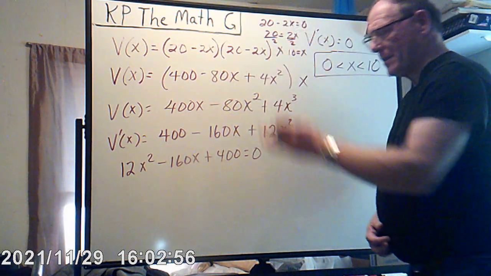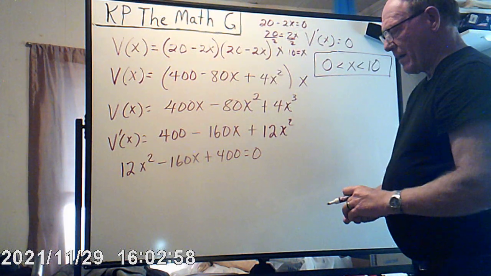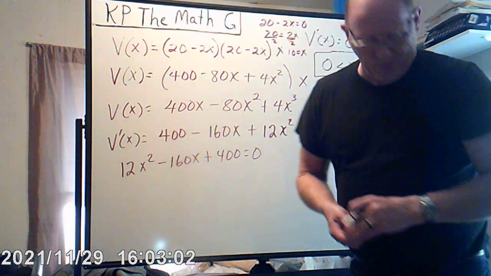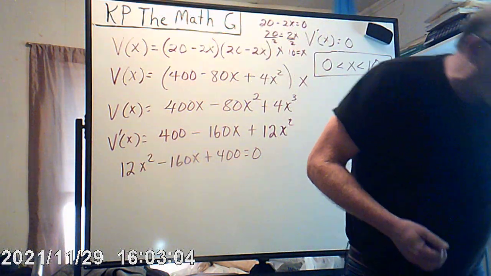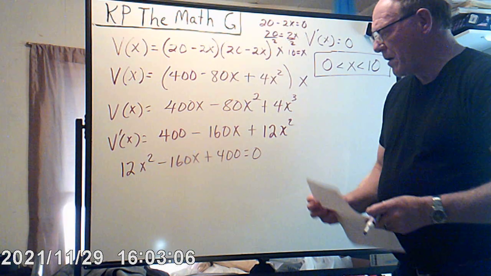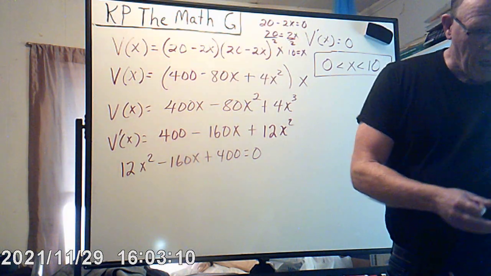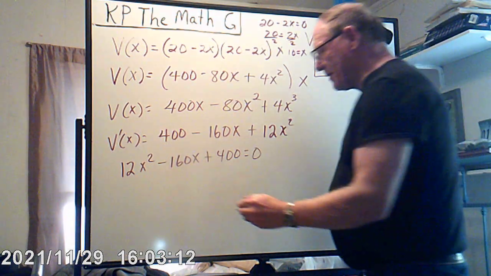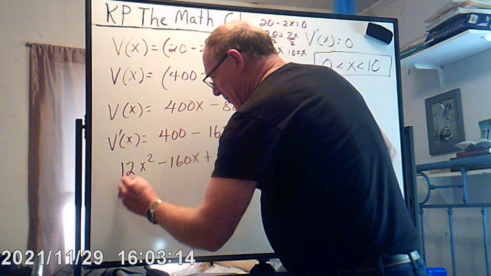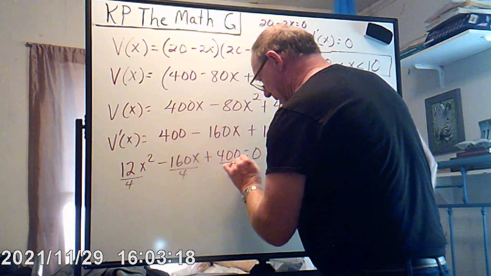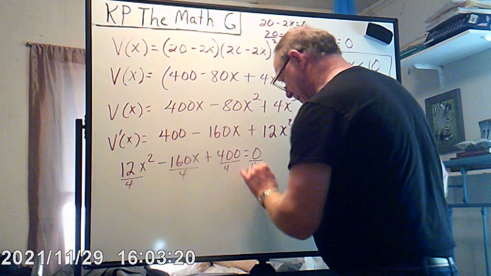See, that's what I'm looking for here. Alright, we can factor this as is, but I think if we factor out a 4, we can make this a little easier. I always do this, I divide by 4 like that.